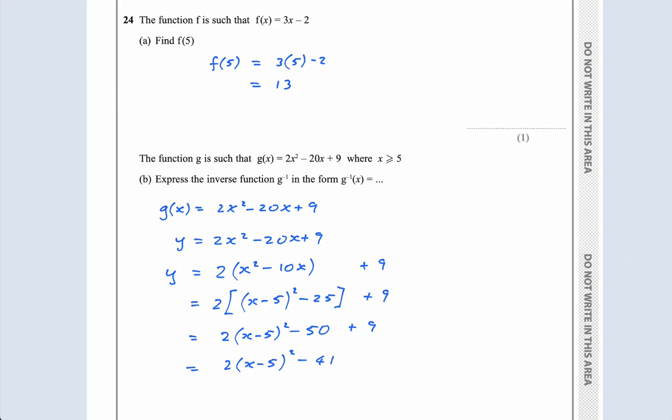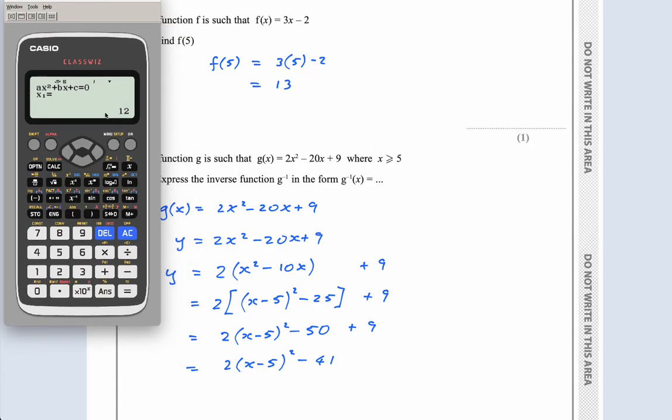Now, another trick, guys, if you really don't like completing the square, if you go back into the same place, menu, equation, polynomial, sorry, I pressed the wrong thing. Let's go back to the beginning, please, menu. Okay, and this time, go to polynomial, degree 2, so I'm going to put in this quadratic, which is 2, negative 20, and 9.